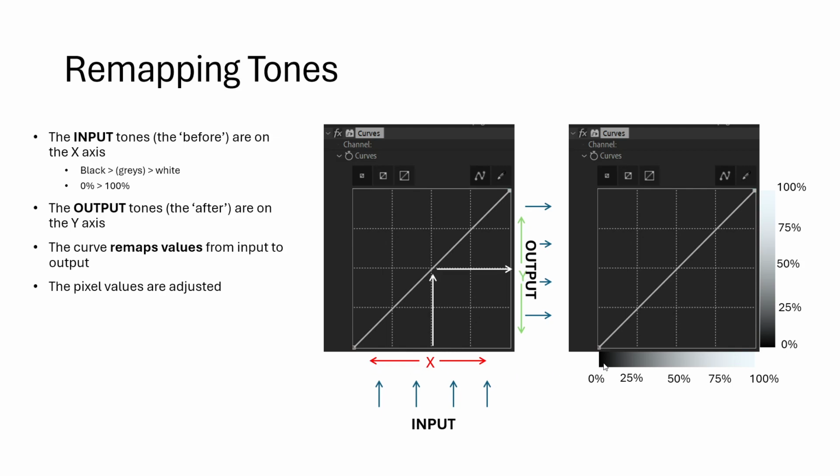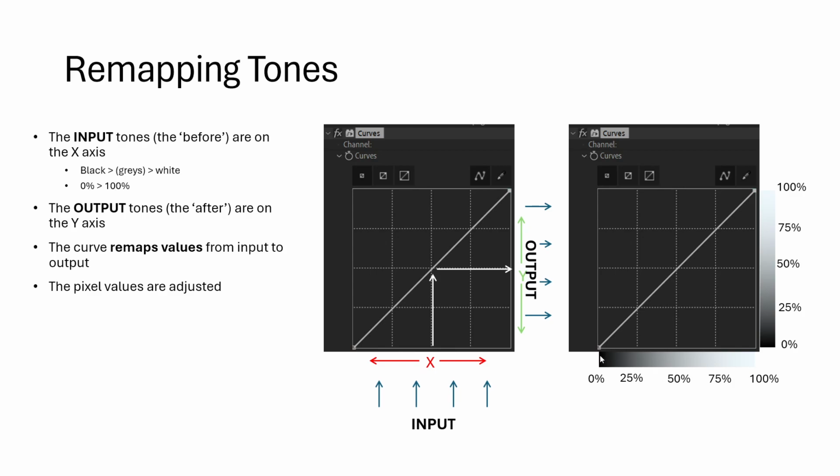So all of the darkest parts of the image as it comes into the effect will be down here towards the left, where we have our bottom left corner representing black or 0% tone. On the right hand side you'll have pure white or 100% tone, and we'll have everything in between, but they're broken up here for simplicity into 0, 25, 50, 75 and 100.